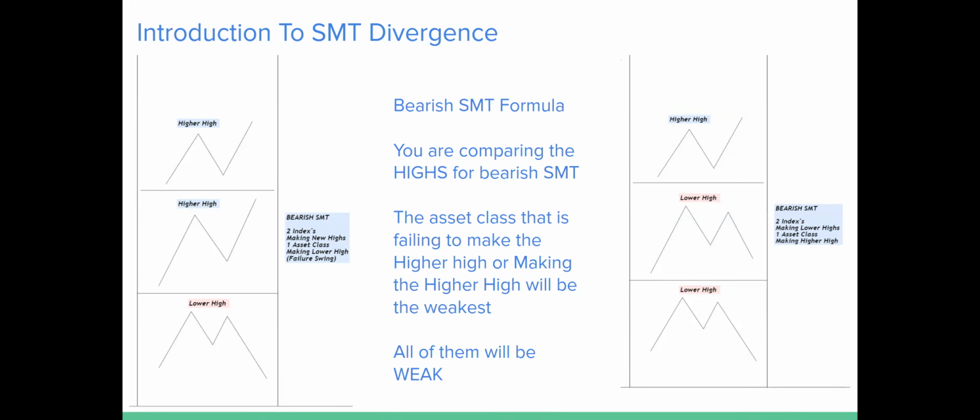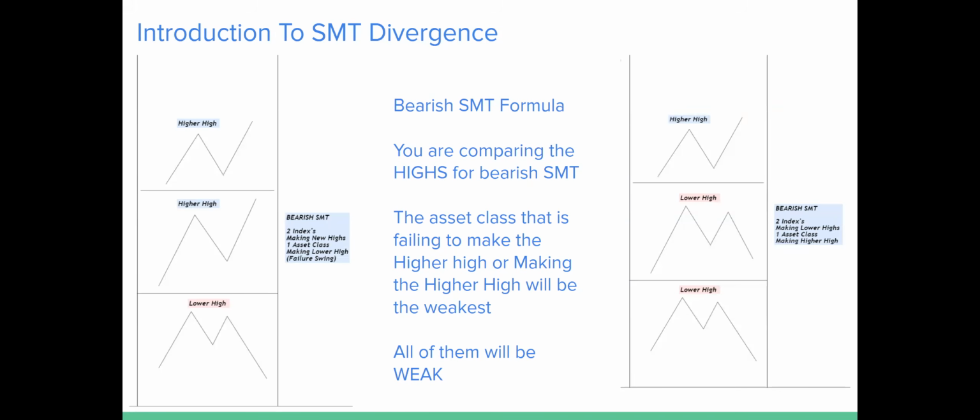So for a bearish SMT, there's a formula per se that will let you know whether a market is cracking its correlation. So what that means is they're no longer in sync with each other, and it's letting you know that price is diverging to weakness or into strength. So for bearish, if you're looking for lower prices, this would be the formula that you're looking for.